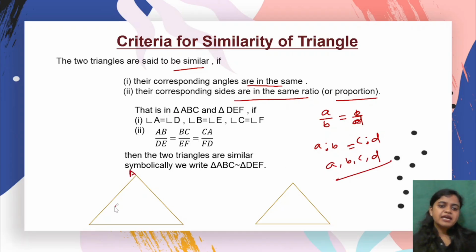So in triangles, suppose this is triangle ABC, and that is triangle DEF. Clear? So these are two triangles.